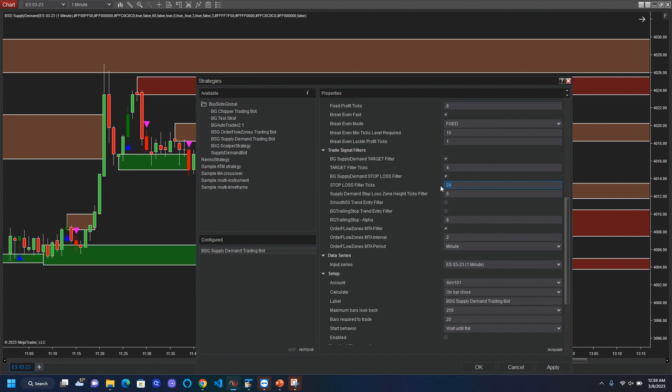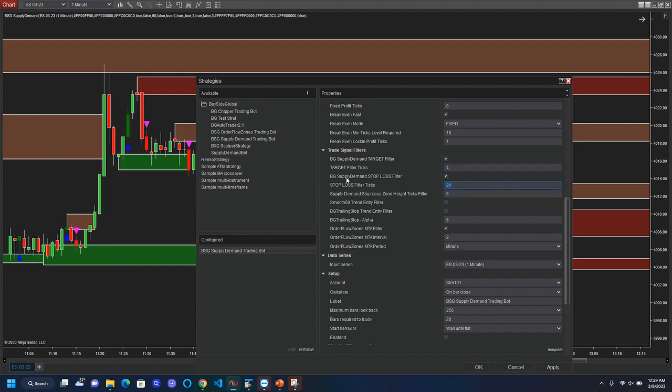It will not take the trade. So think of this whole section as filters. With these filters, you're going to decide whether to place the trade or ignore the trade.